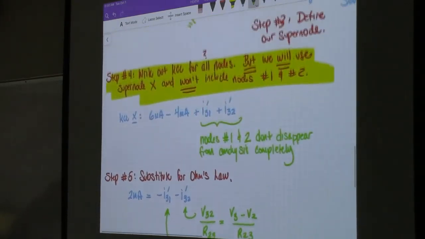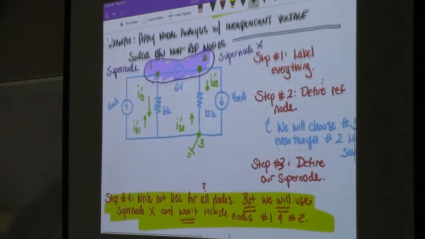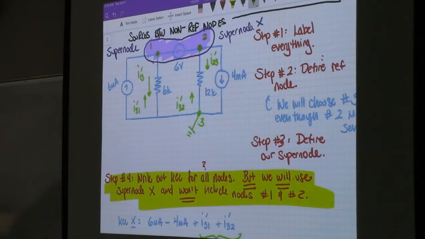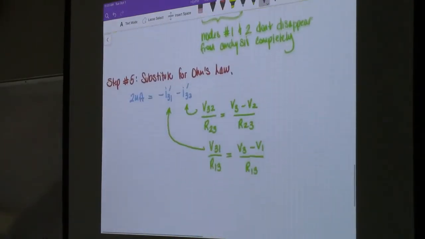And if we look up top, we see that V3 is equal to 0, so that goes away.